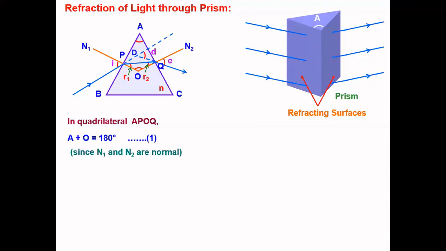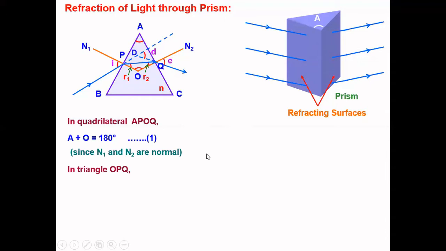Next, all these we are going to do for the angle of incidence and angle of refraction ultimately. N1 and N2 are normals, so these two angles become equal to 90, and we get angle A plus angle O as 180 degrees, since 360 minus 180 is 180.